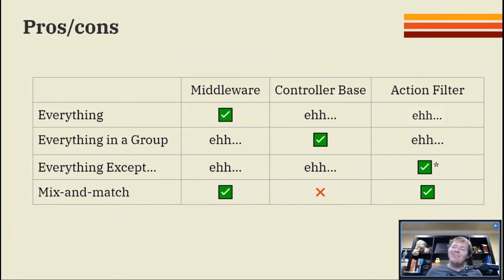Everything in a group, again, it depends on how you want to do that. You can do some validation with reflection to check on that. Everything except, if you want to mix and match, like everything in this controller except for this one little method needs to be handled the same way, action filters are great for that. If you want to mix and match lots of different kinds, you want third-party filters, that sort of thing, they're awesome.